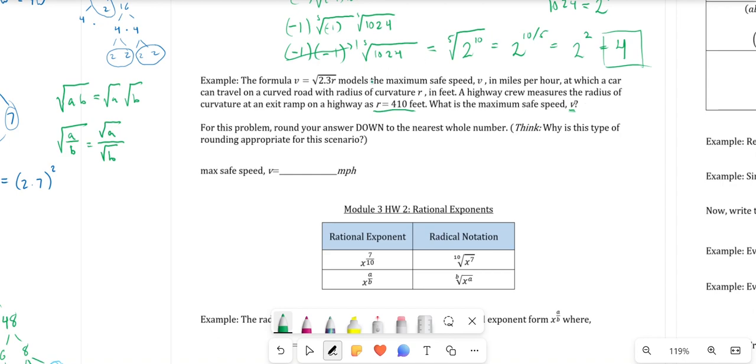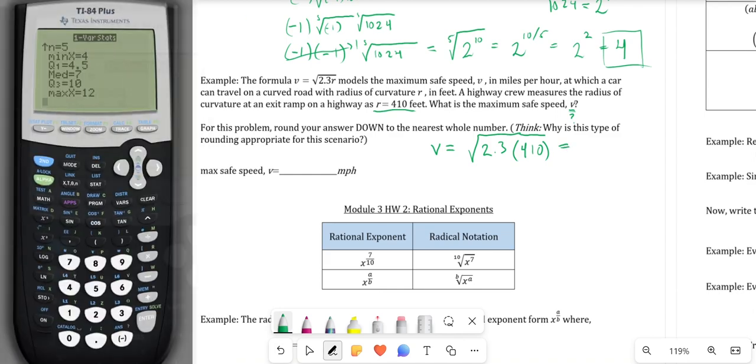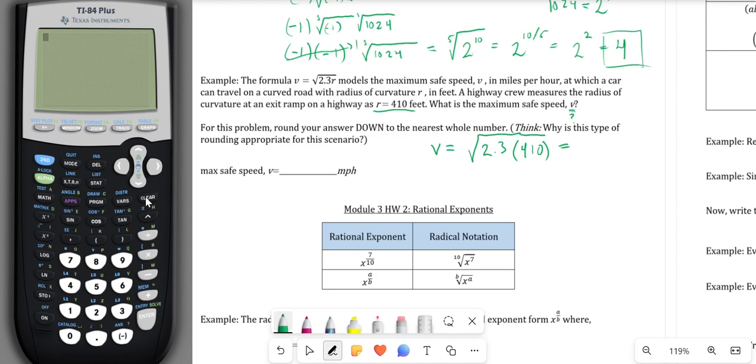Well, the nice thing is that we have already solved for v. The thing that we are asked about is already alone on the side of the equal sign. So all we're really being asked to do is plug in this particular value of r, 410. And at this point, I would just go to a calculator. I mean, this is what it's for.